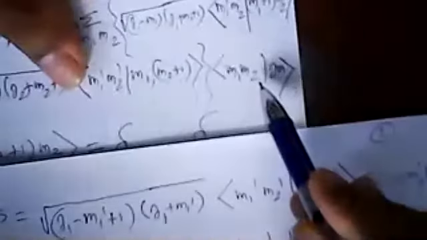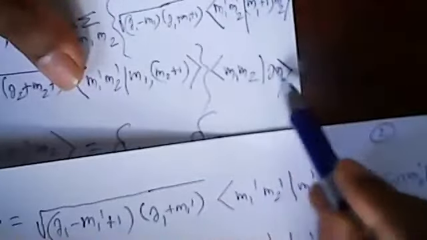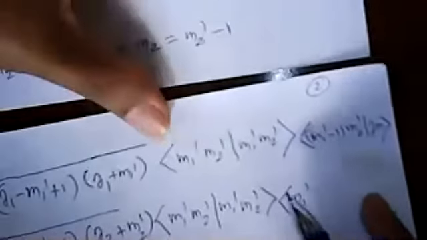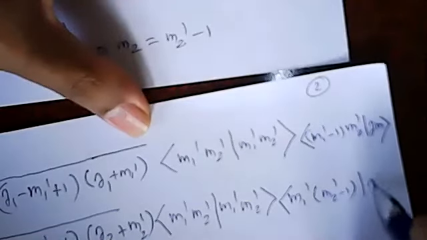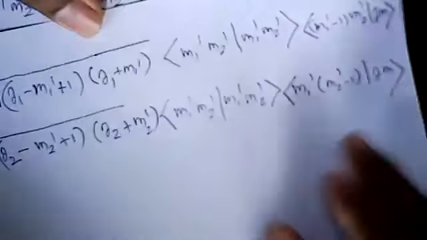Now this term from the outside, m1 m2 jm: m1 is m1 dash and m2 is m2 dash minus 1. Then jm. So a little bit of careful substitution is required, otherwise you will end up with errors.